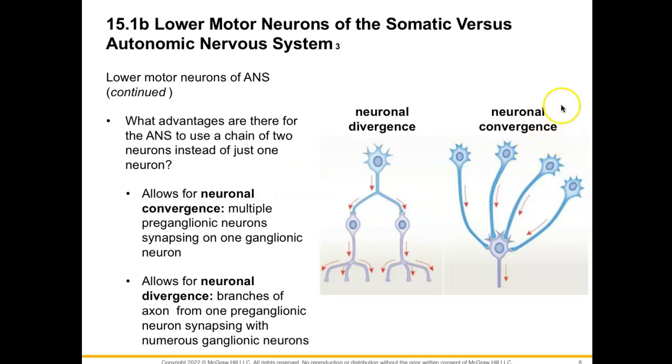So first we have neuronal convergence, and this is when we're going to have multiple preganglionic neurons synapse onto one ganglionic neuron to continue the signal. The other circuit is neuronal divergence, and this allows for branches of the preganglionic neuron to synapse to numerous postganglionic neurons, or ganglionic neurons, to continue that signal.